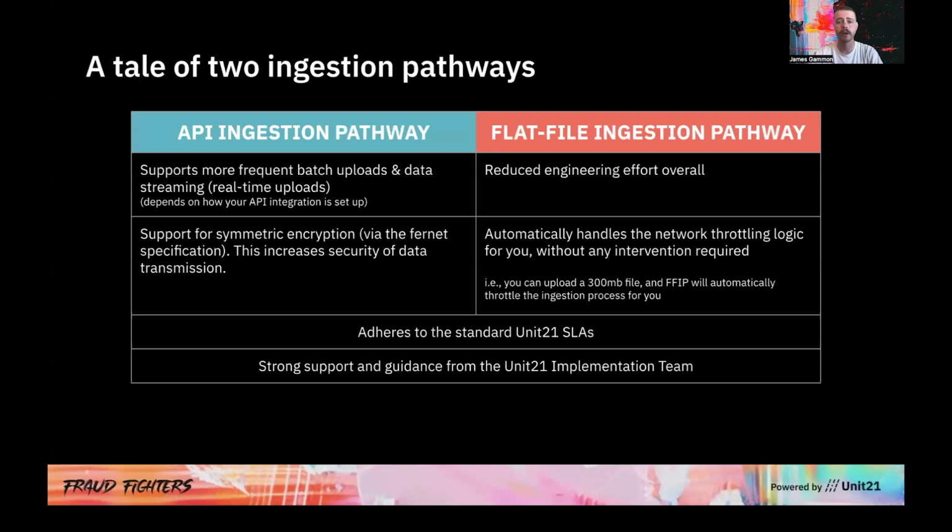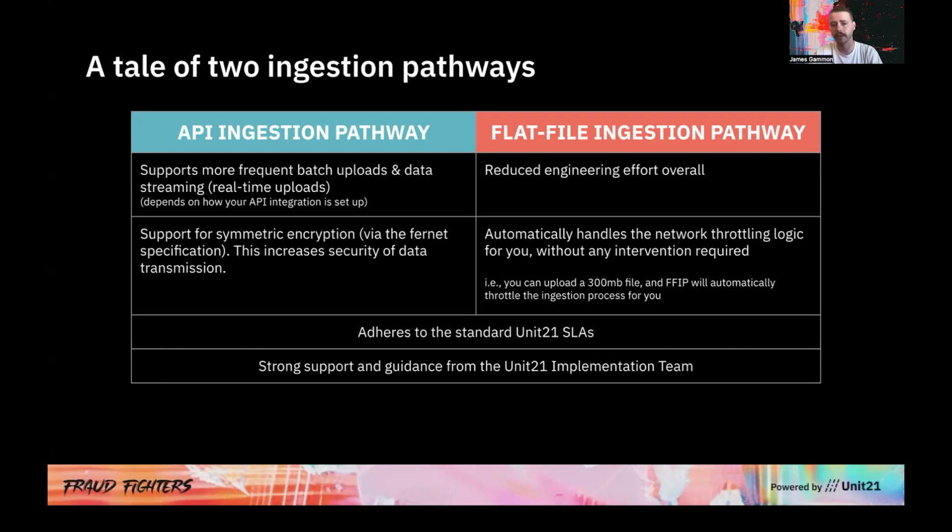So let's talk about the other option, right, which is API ingestions. We have two primary ingestion methods as well as enrichment ingestion methods. I think FFIP personally is a little bit better for the enrichment piece. But the idea is, APIs take a little bit longer to implement. There's more development resource and work that is necessary in order to build out those pipelines initially.